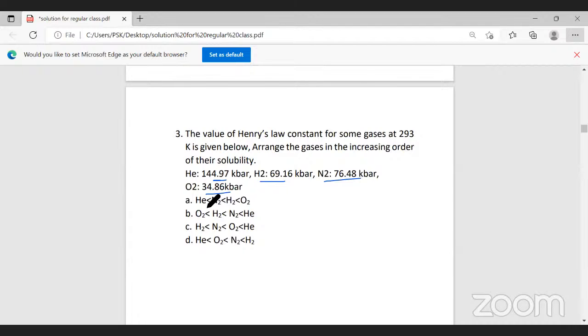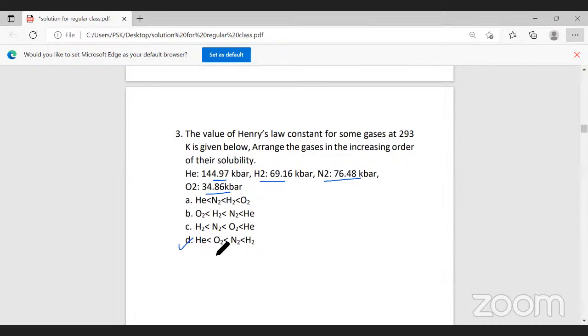Arrange the gases in the increasing order. So it's helium less than nitrogen, less than hydrogen, oxygen. Now remember, higher the value of Henry's constant, lesser will be the solubility. So the answer for this question is option D.